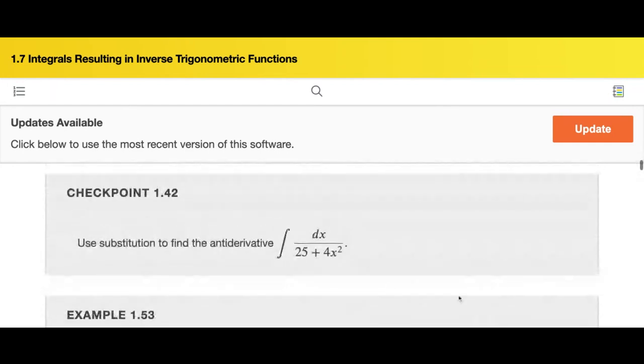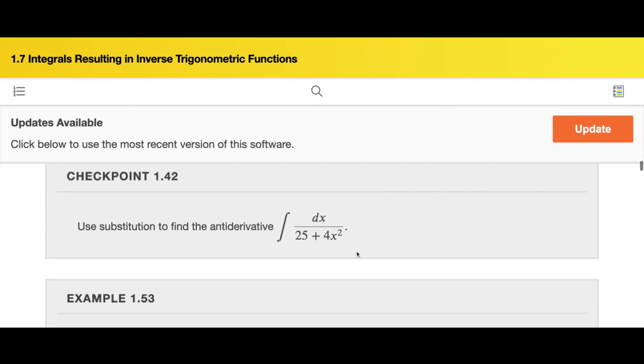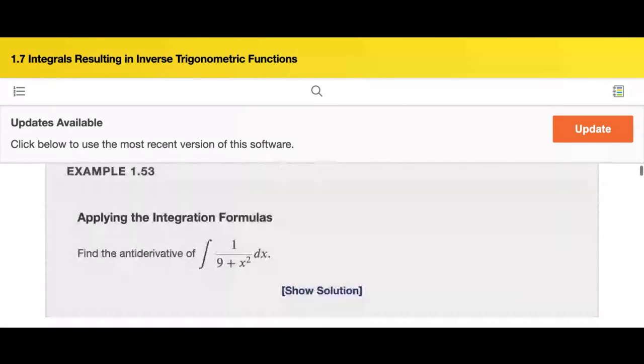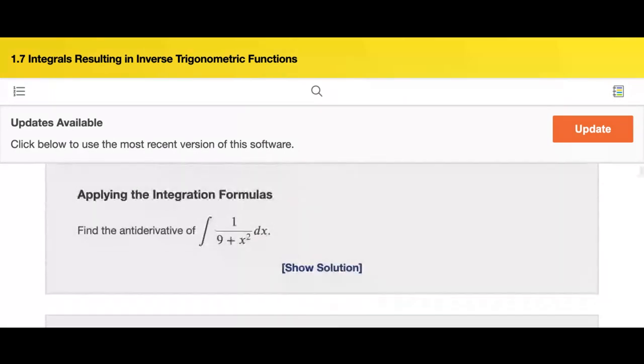All right, so let's see this one. This one, our a is 5. Our u is 2x. Again, we'll let u be 2x, so du equals 2 dx. Very similar, so I'm not going to ask you to do this. Let's do this one first, quickly. I have 9 plus x squared, so we have 3.